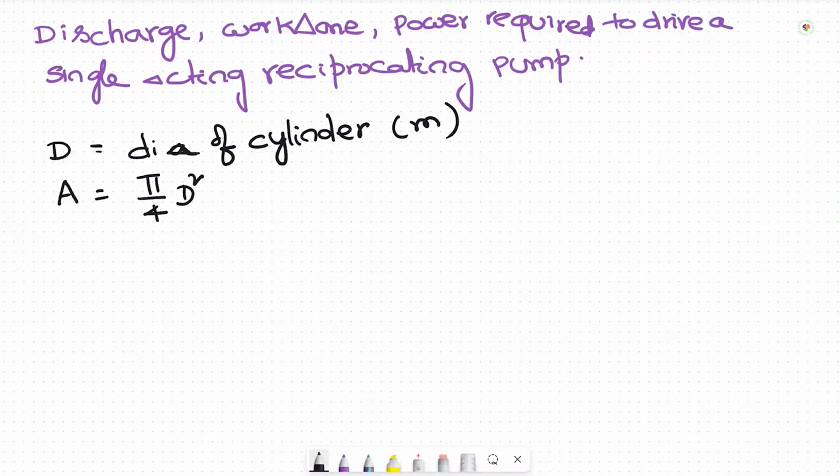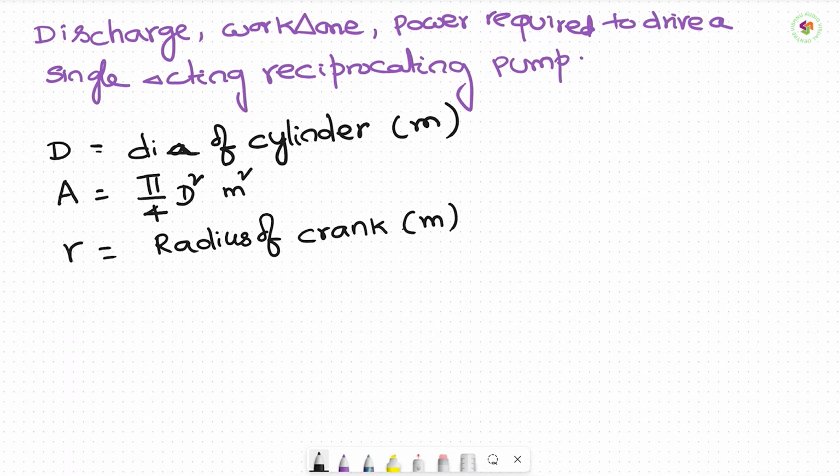This is what we call the area of the cylinder, the cross sectional area of the cylinder. Let R is equal to radius of crank, also in meters.